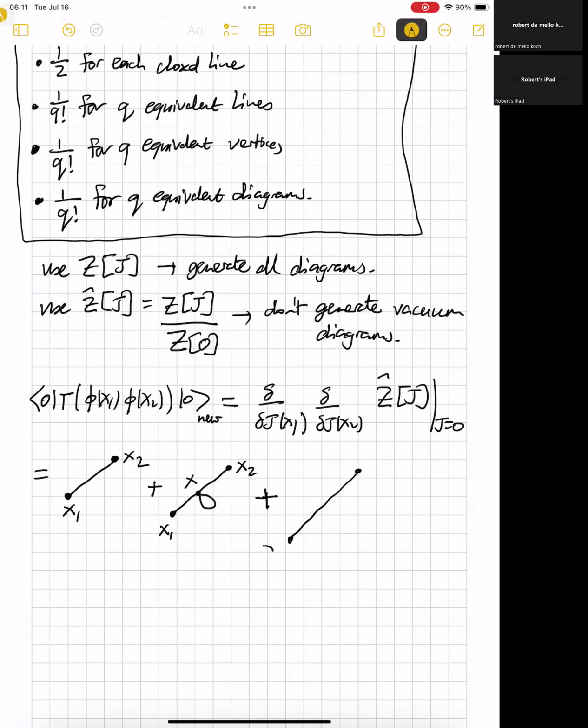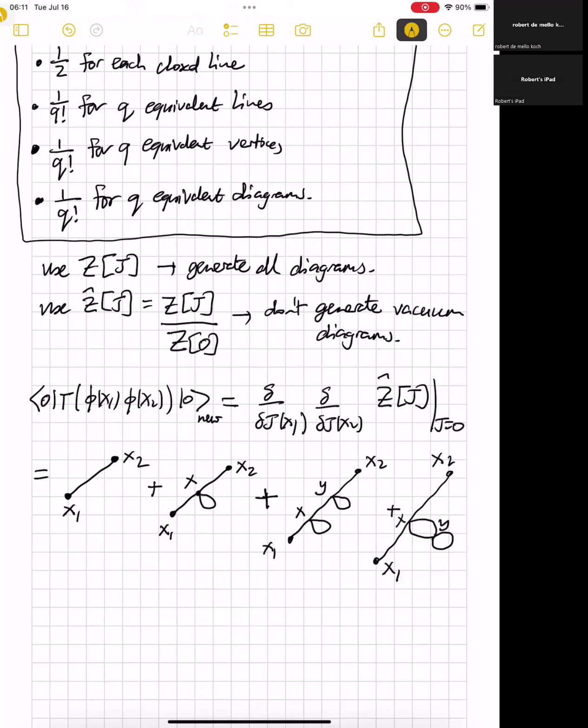Okay, so at the next order, we've got a diagram that looks like this. We again go from x1 to x2. We've got a vertex at x. We've got a vertex at y. Then we've got a diagram that looks like this. This goes from x1 to x2. This vertex is at x.